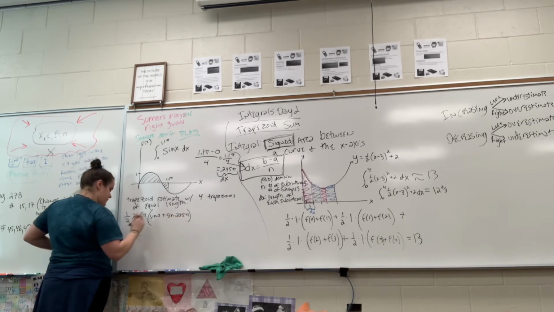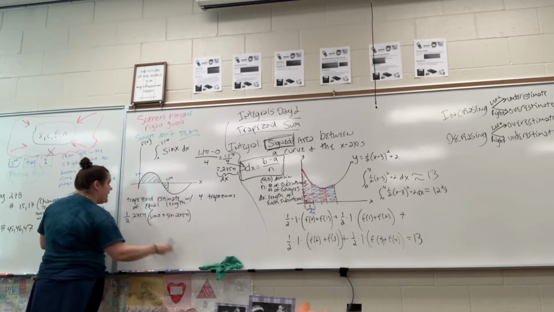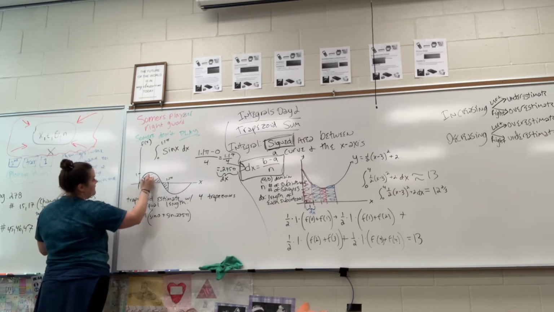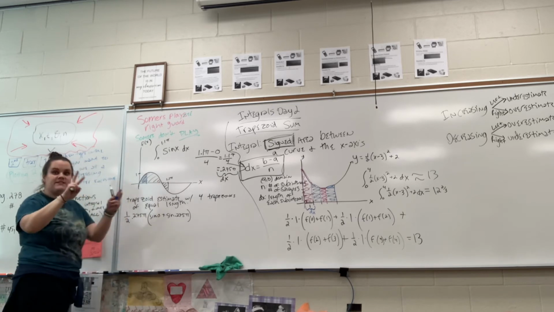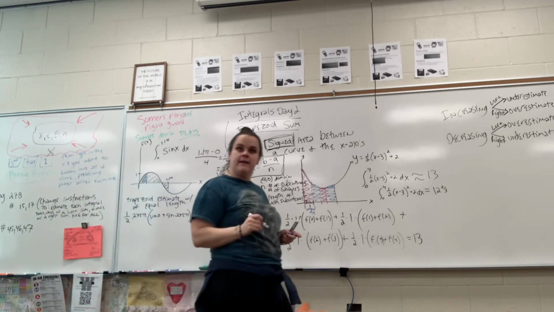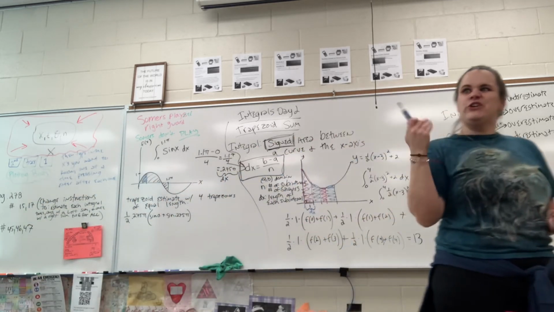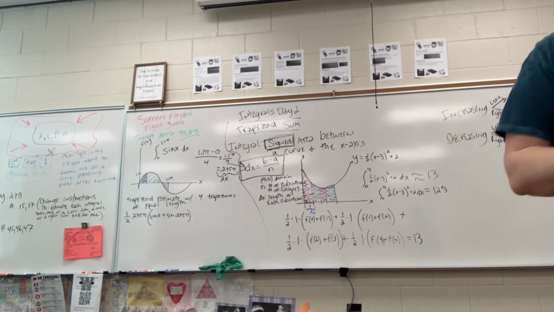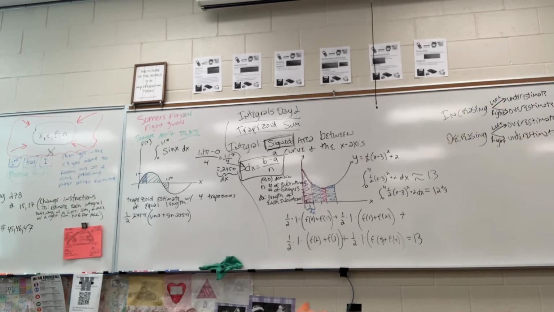Now notice my first trapezoid is a triangle, right? But I can still use the trapezoid formula to find it. It's just going to end up being that my sine is 0, my base 1 length is 0.